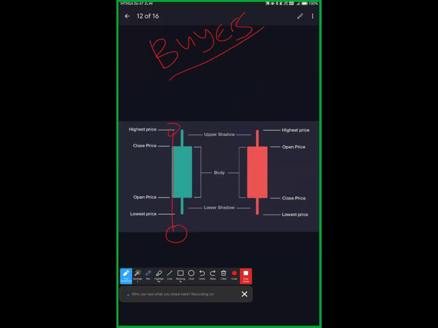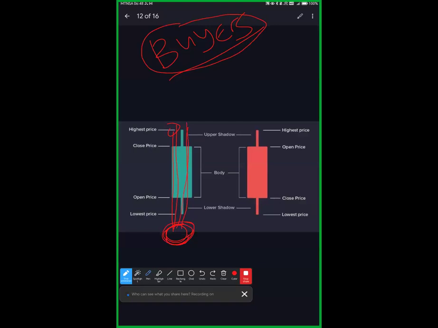When a trade session starts, buyers open the price from the bottom and push it to the top. Whenever you see price moving upward, you should know that buyers are in control.